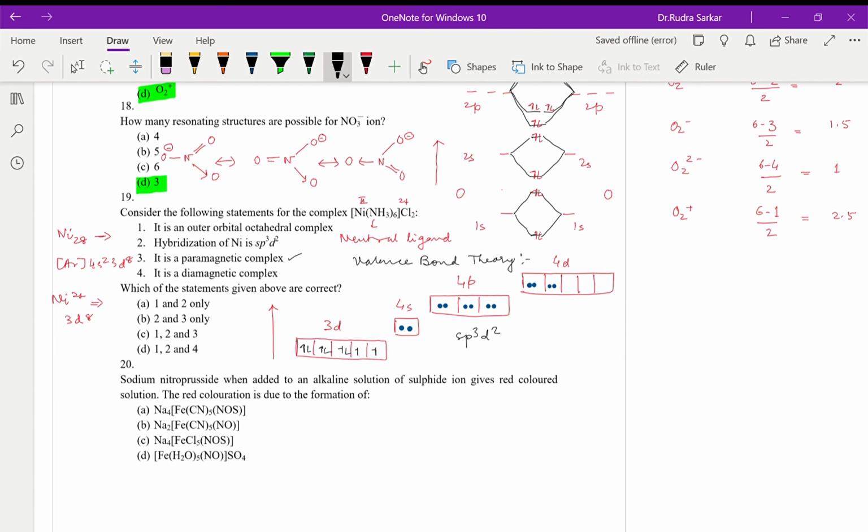Now since we are using the 4d orbitals, so we will say this should be an outer orbital complex. Okay, so the hybridization is sp3d2 and it is our outer orbital complex. So the statements that are true over here are 1, 2, 3, and that should be our correct option.